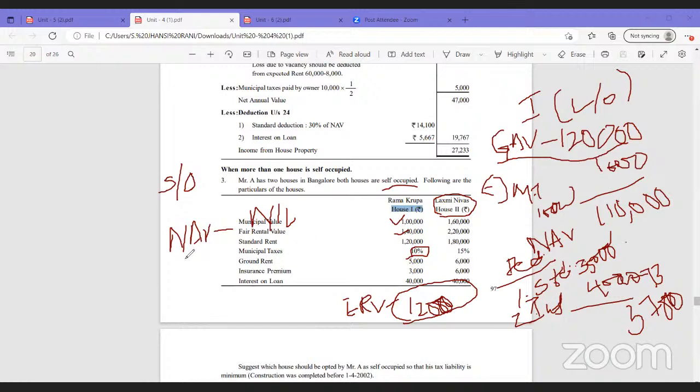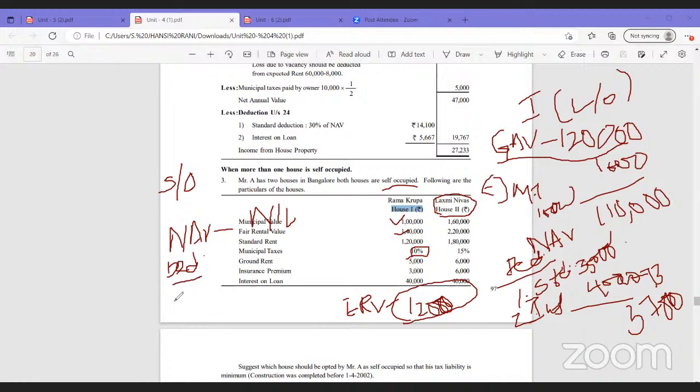And whenever it is a self-occupied house, we have only deductions under section 24. Why? Because whether it is a self-occupied house or a let-out house, we will take some loan from the bank to purchase that house, to occupy that house or to construct that house. So for that purpose, deductions are provided.